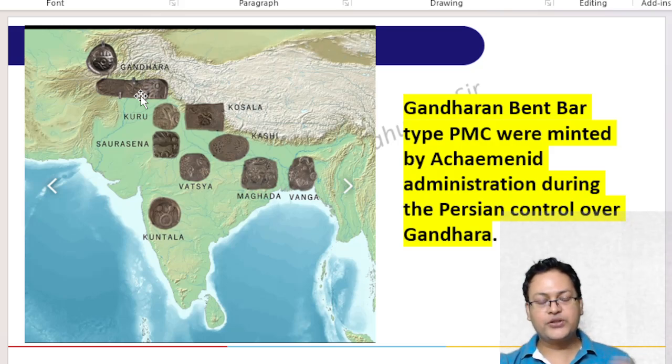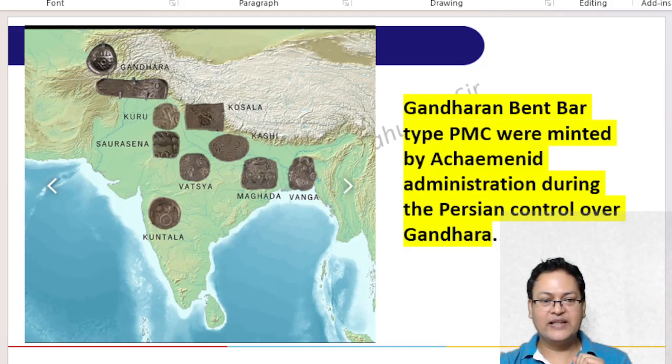According to historians, this punch marked coin was influenced by the Persian sigloi coin. And this coin in turn influenced the punch marked coin of the Mahajanpadas. So please remember this sequence. Sigloi influenced Gandharan bent bar type punch marked coin, which in turn influenced the punch marked coins of Mahajanpadas.